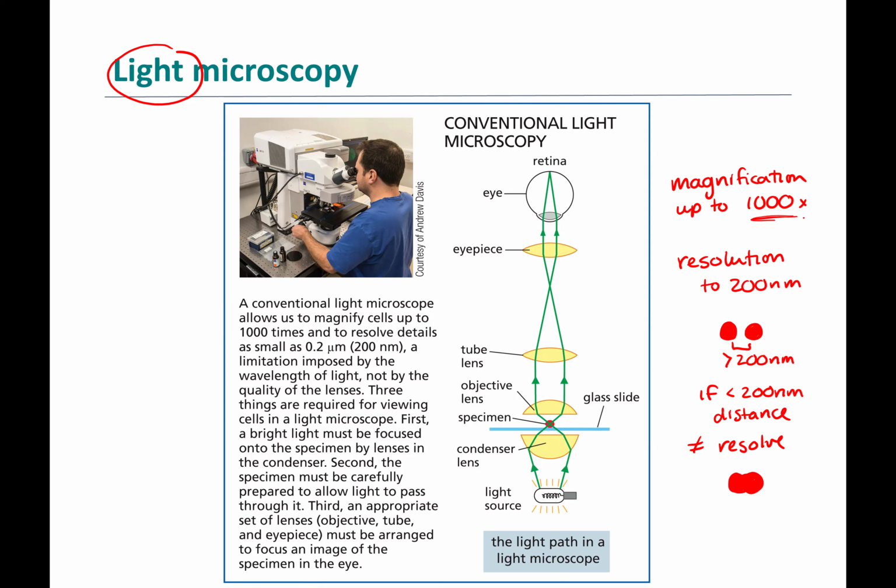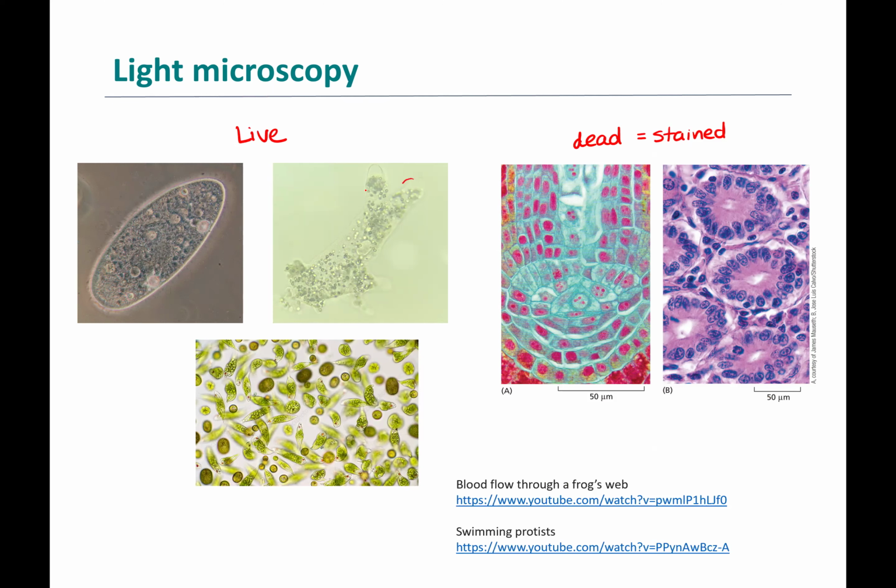Dead cells are usually stained, and we stain them because, if you see here, this little guy, this paramecium, is really see-through. And so to get more details, we use staining, but staining kills the cells.